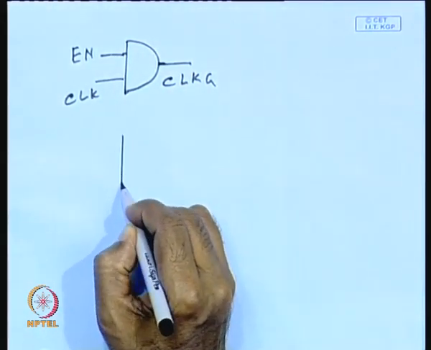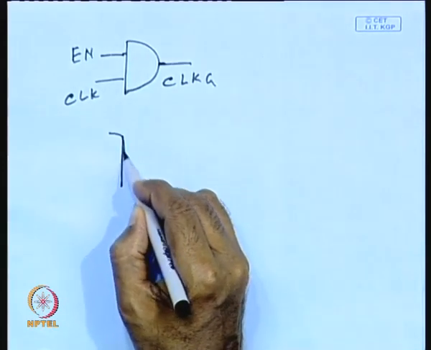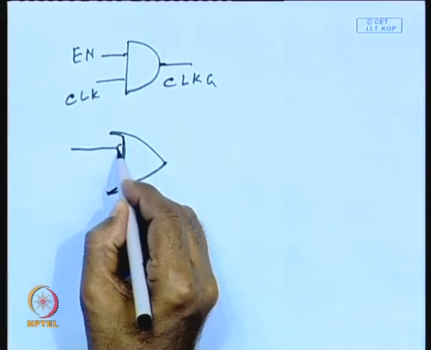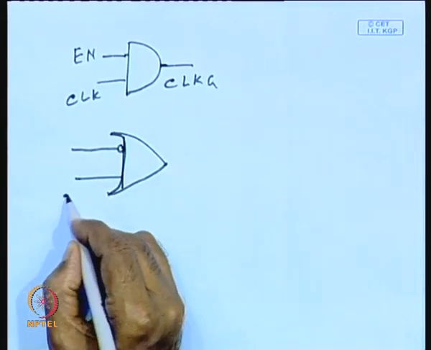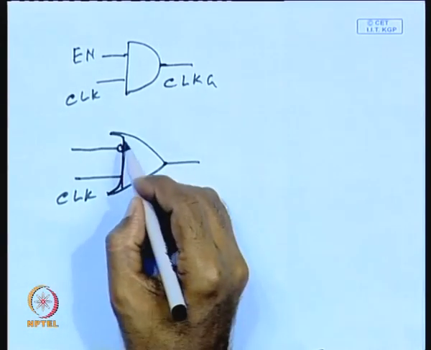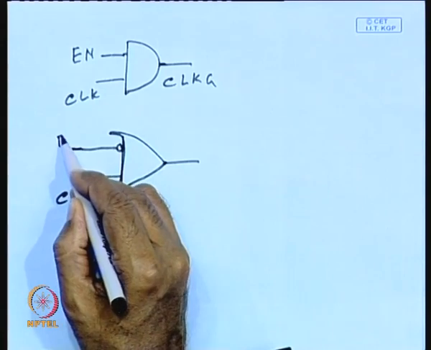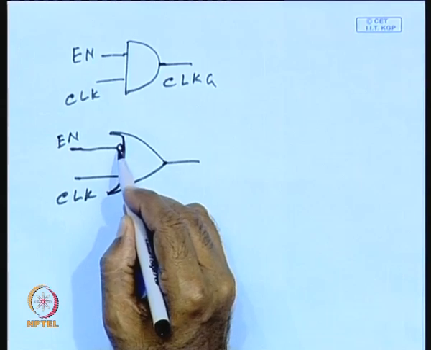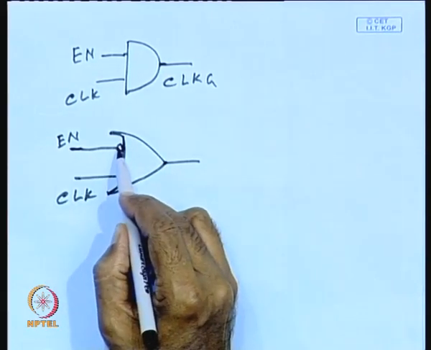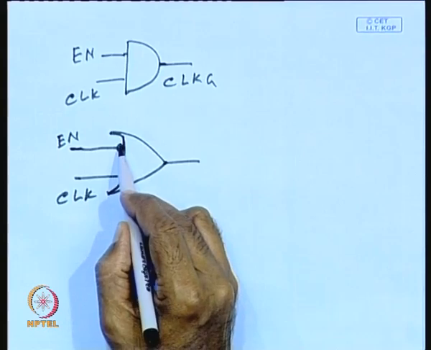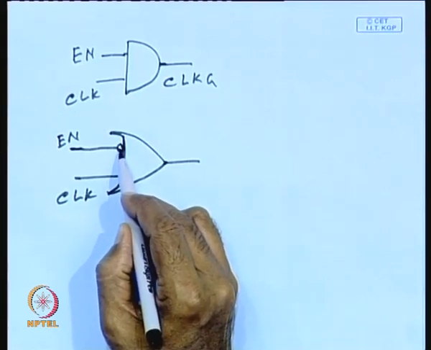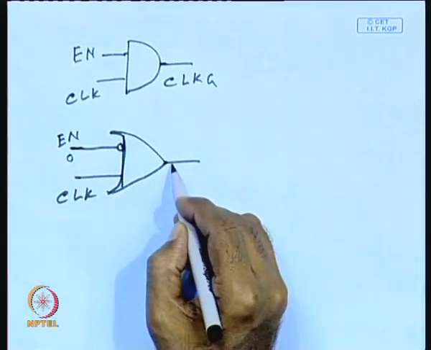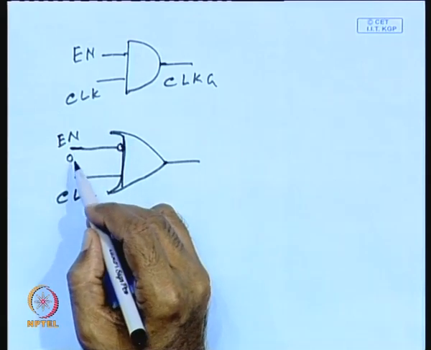Another way of doing it is to use an OR gate. In case of an OR gate, the enable signal is applied to the low active input, and here is your clock. Since it is low active, when the enable signal is 1, this input will be 0, and only then, depending on the clock, the output will change.